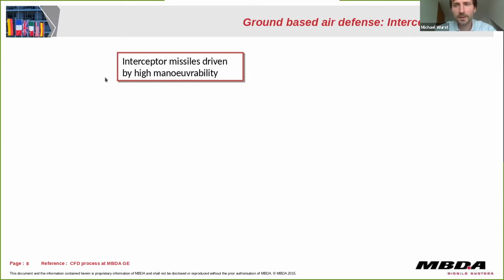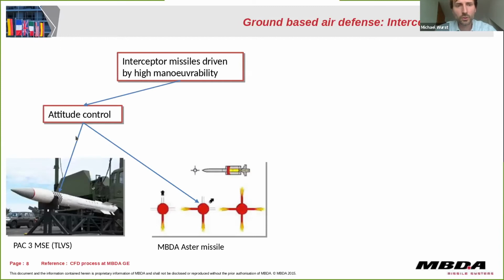And this can be done either by so-called attitude control systems. These are more or less pyrotechnical devices which produce a lateral jet for controlling the missile. For example, here for the PAC-3 missile, which is part of the TLVS system, these systems are placed here.